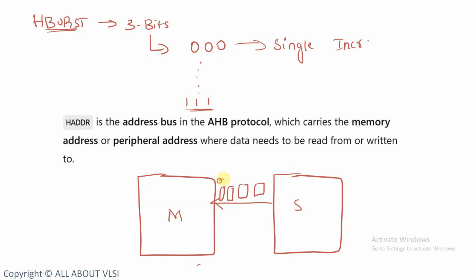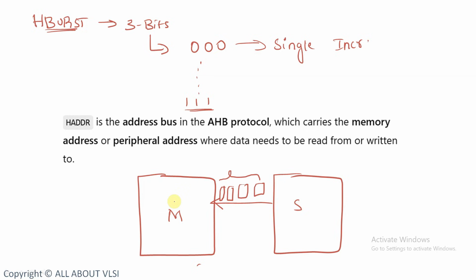Basically HBurst is telling the count of the packets, how many packets we are actually reading. We will learn more about INCR 4 and WRAP 8 further, but for now, HBurst is just used for counting the number of packets we are going to get.